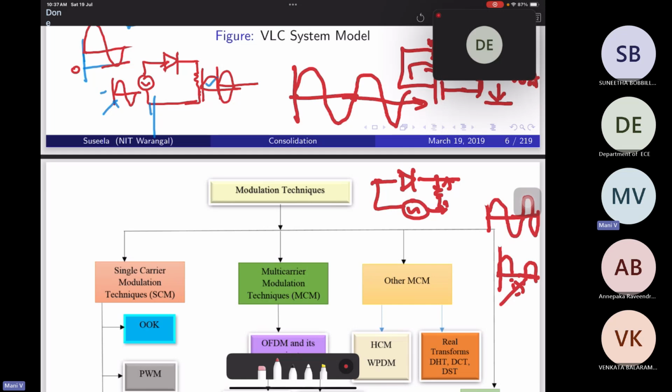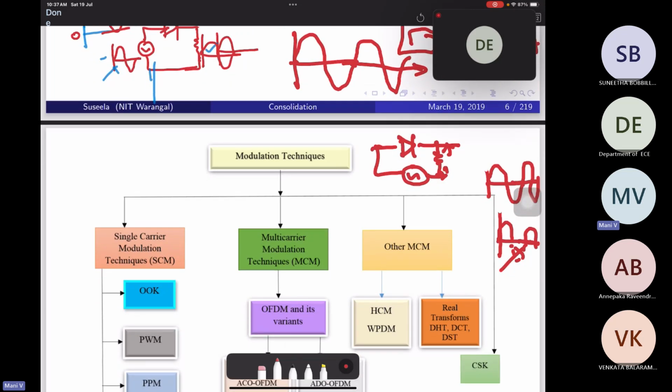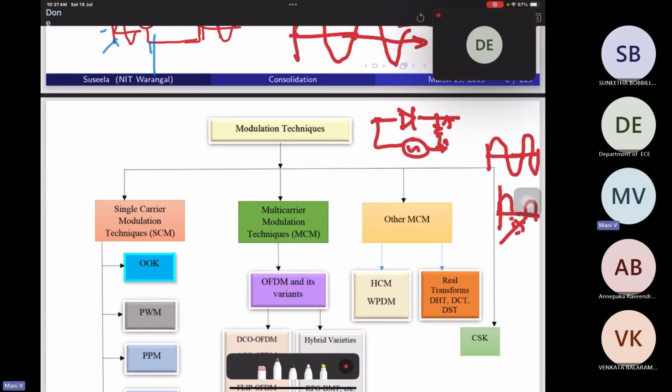The remaining half is lost. Then how to model your communication, because light is a very, very powerful source? It gives us light, and at the same time I want to use it for communication purposes, right?